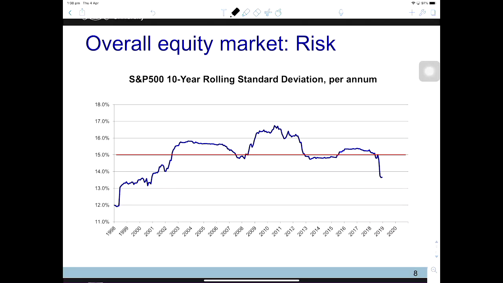In the US, there's another picture. We see an increase in stock market volatility during the internet bubble, and it's no surprise that the standard deviation of the equity market went to about 16% on a 10-year rolling basis.